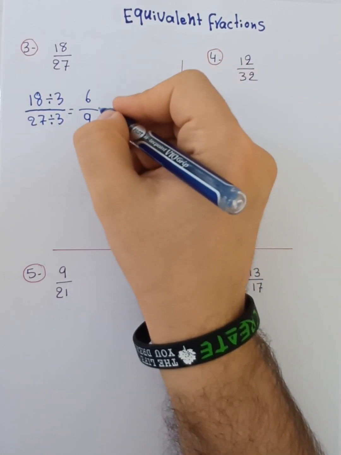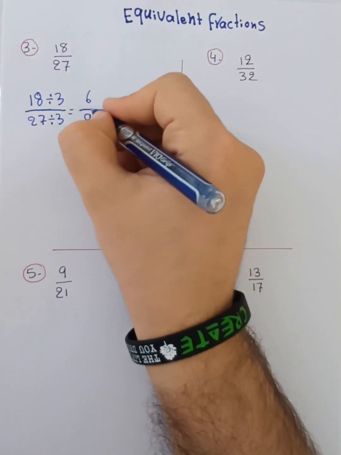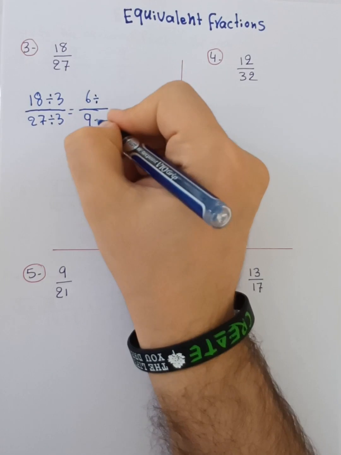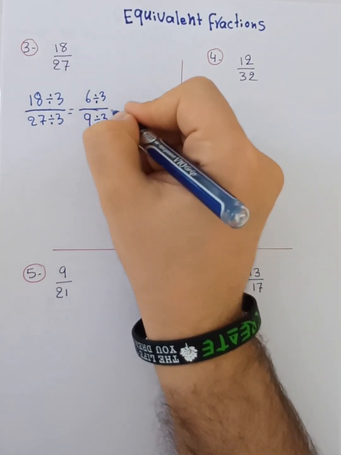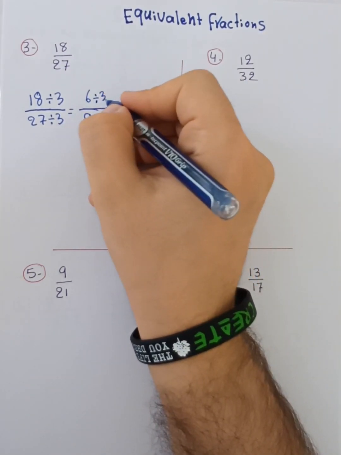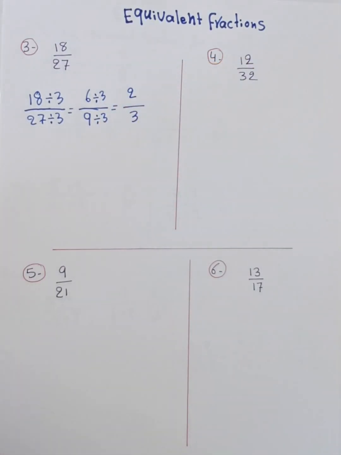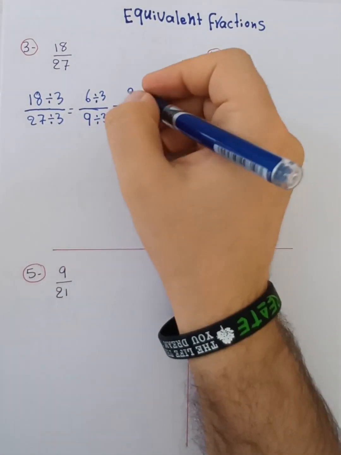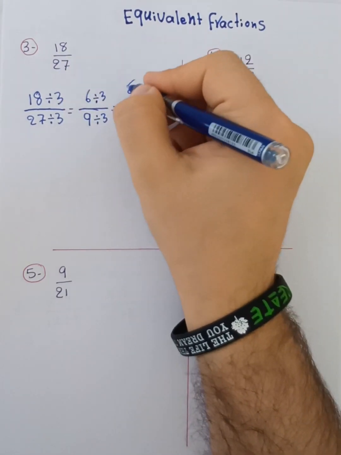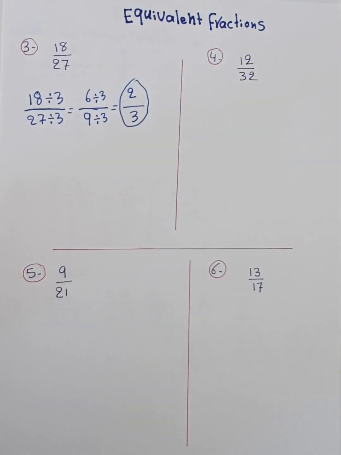After that, we can divide both by 3 again. So 6 divided by 3 is 2, 9 divided by 3 is 3. So the simplest form for 18 out of 27 is 2 out of 3.